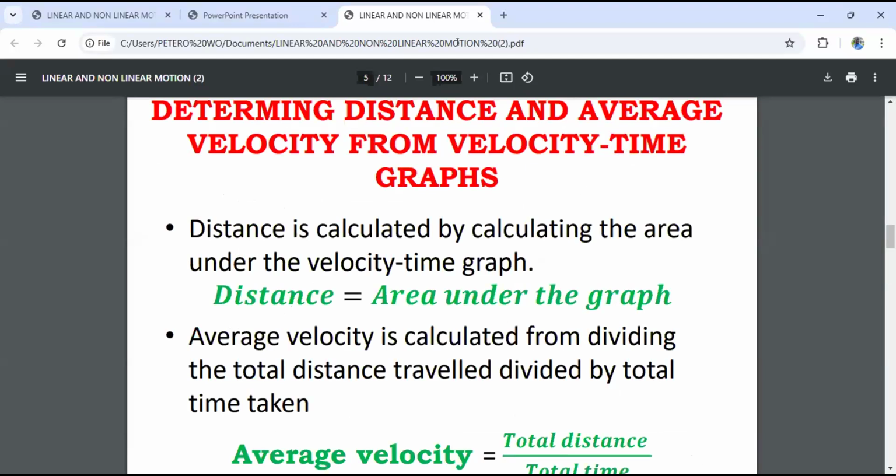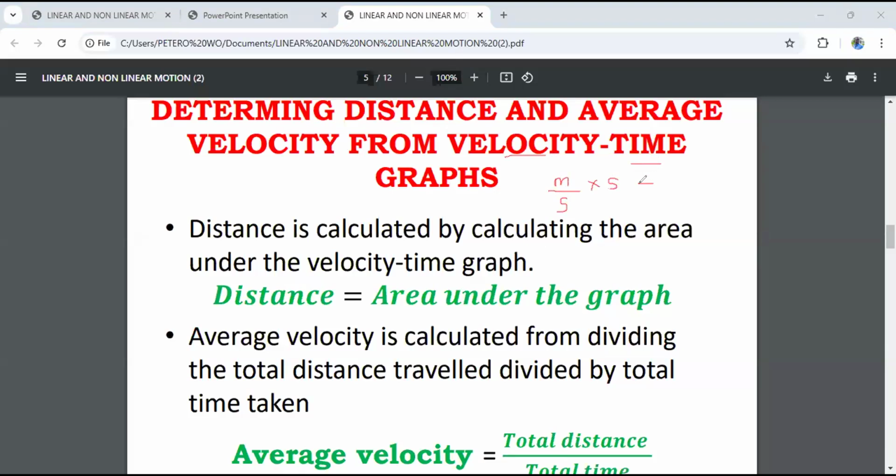if we are determining area under the graph, remember it is a velocity against time. So on the vertical axis, we have velocity in meters per second, and we are going to be multiplying that axis by the time axis, which is in seconds.